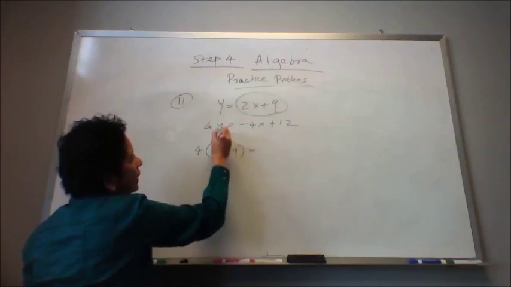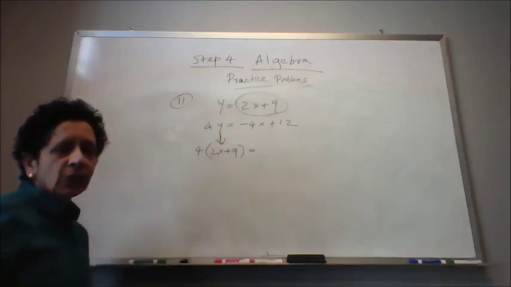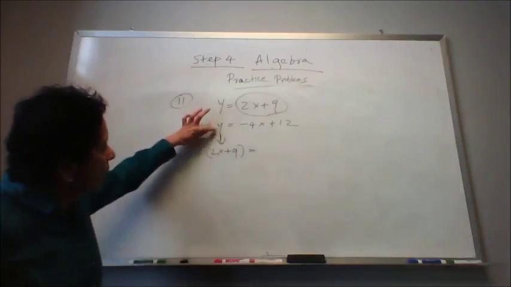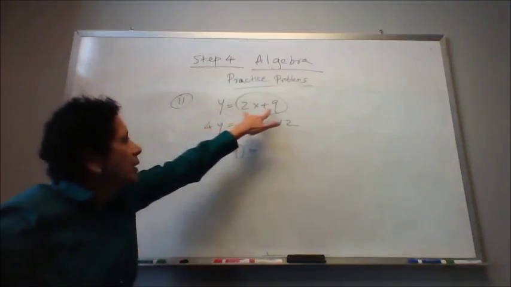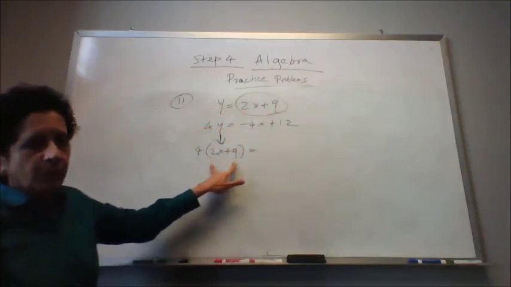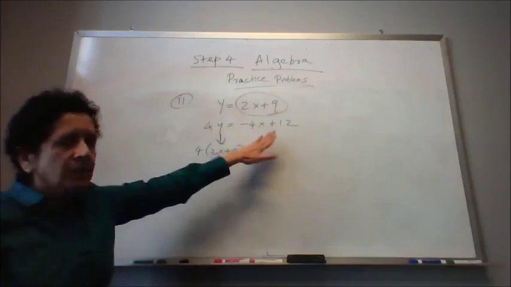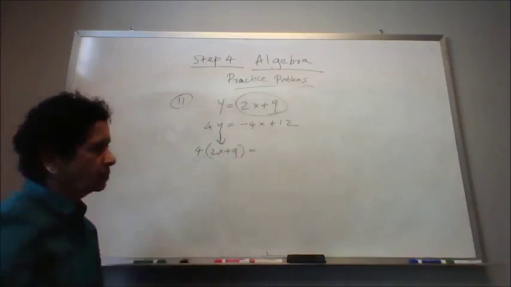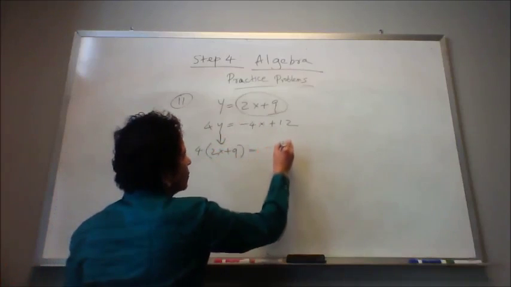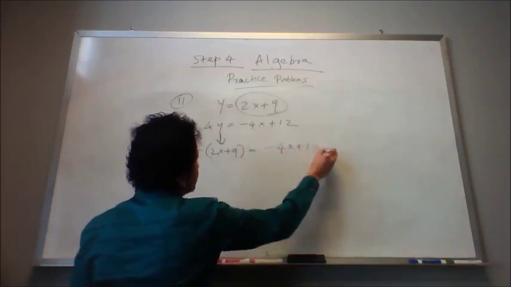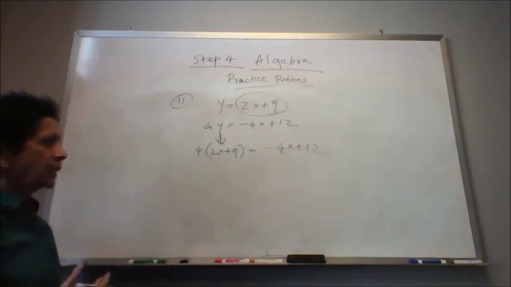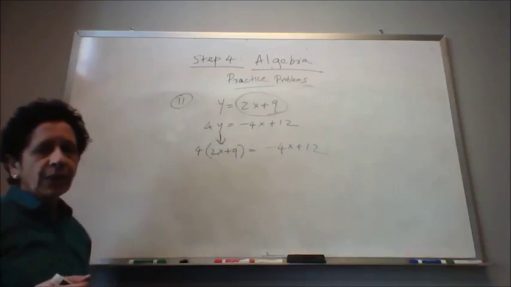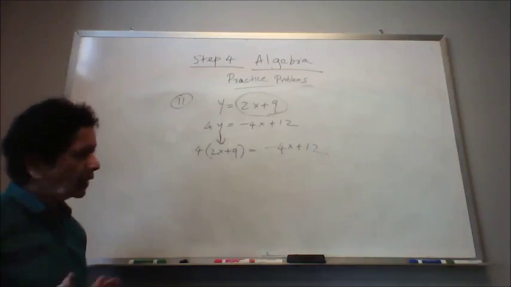So all I'm doing here is substituting. That's why it's called the substitution method. Instead of y, I'm substituting that value from the first equation, okay? Then the right hand side, I'm not doing anything, so it is there, exactly the way it is, minus 4x plus 12, okay?